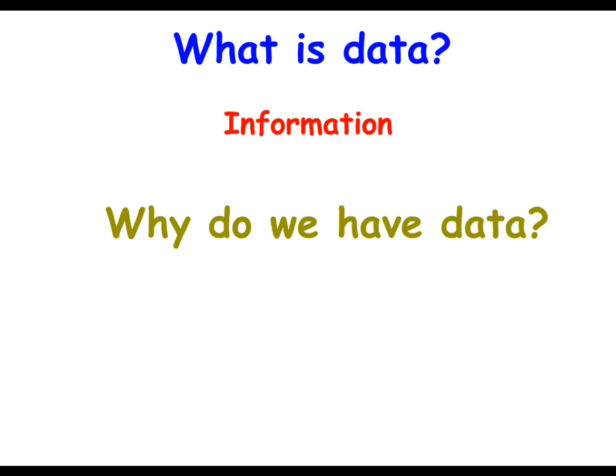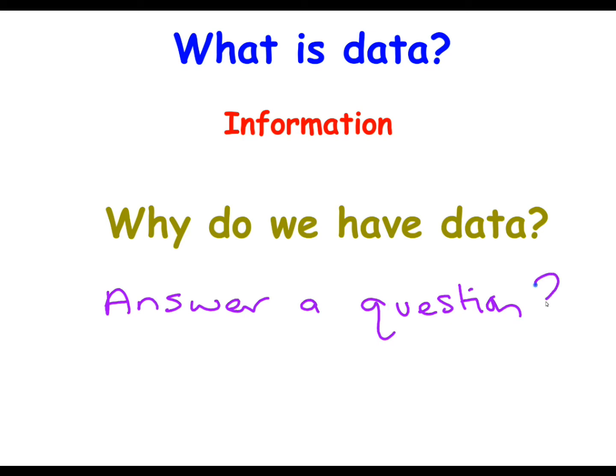It can be written information, it can be physical information like groups of people, or more likely in this day and age, it's going to be electronic information. The question is, why do we have data? Well, we have data specifically to answer a question. So somebody has a question that they need answering, so we collect data to answer that question.